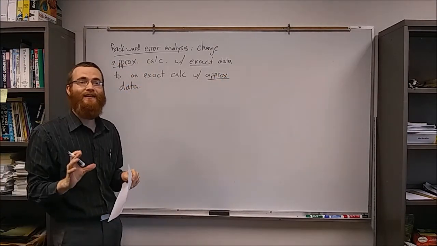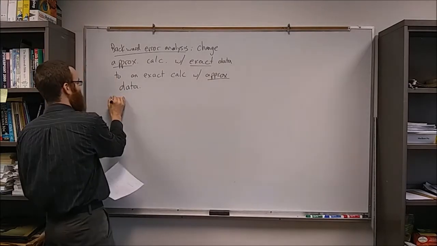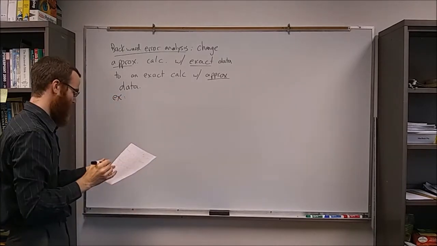The reason for this will become clear a little bit later, but first let's talk about how to do this. So let's just do a quick example of how this could work.